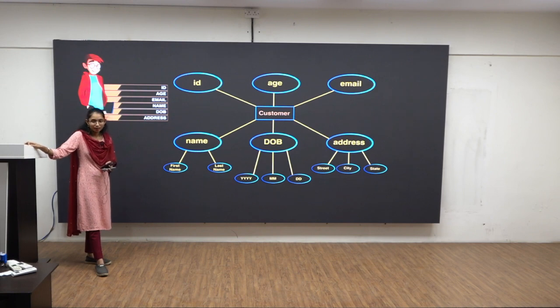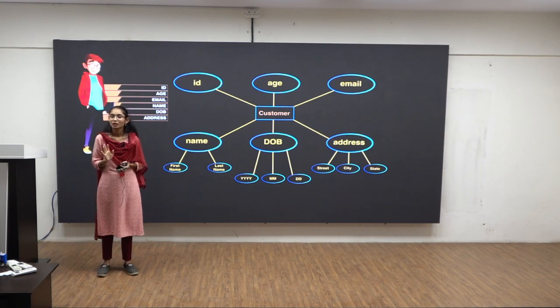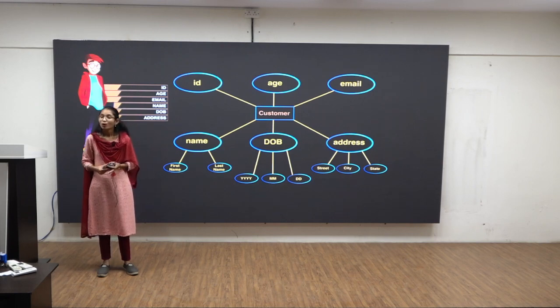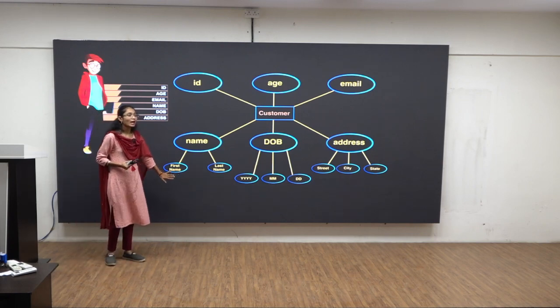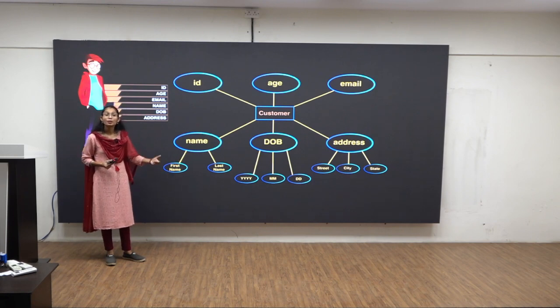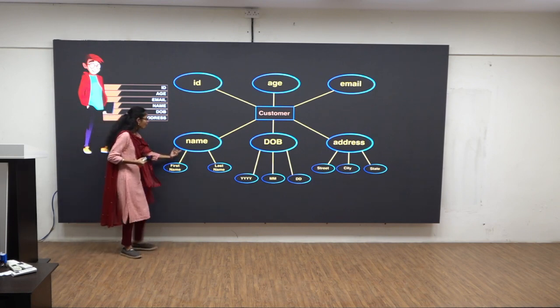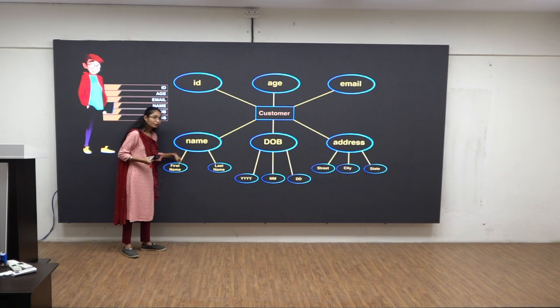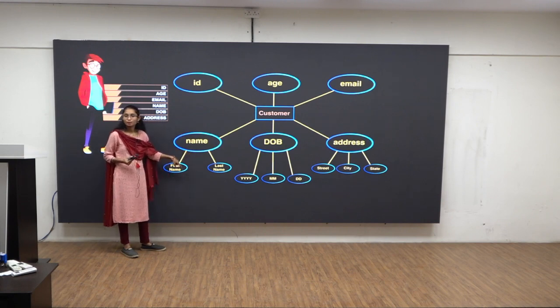For the simple attribute, the representation will be an ellipse only. There is no change in the representation for the simple attribute. But when it comes to the composite attribute, first one attribute will be there and later that will be divided into different attributes.